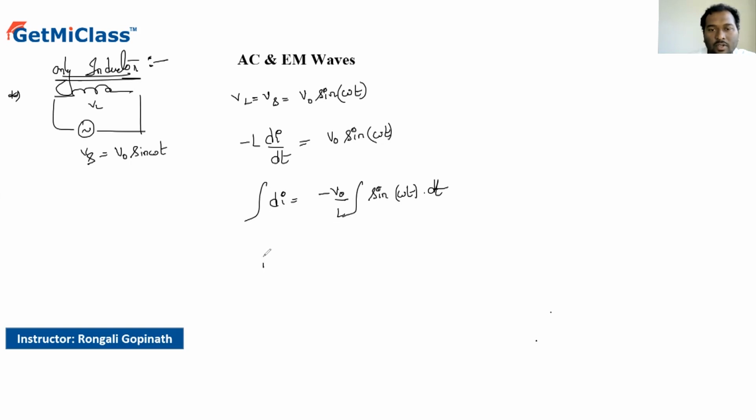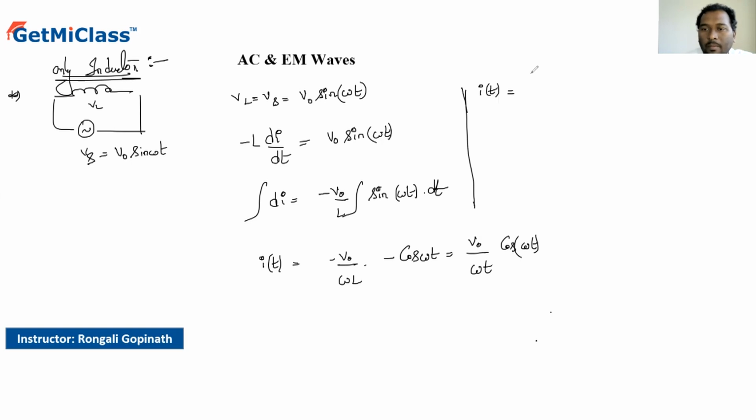Integrating on either side, we get I of t as minus V naught by omega L times the integral of sine, which is minus cos omega t, giving V naught by omega L cos of omega t, which can also be written as I of t equals minus V naught by omega L sine of omega t minus 90 degrees.